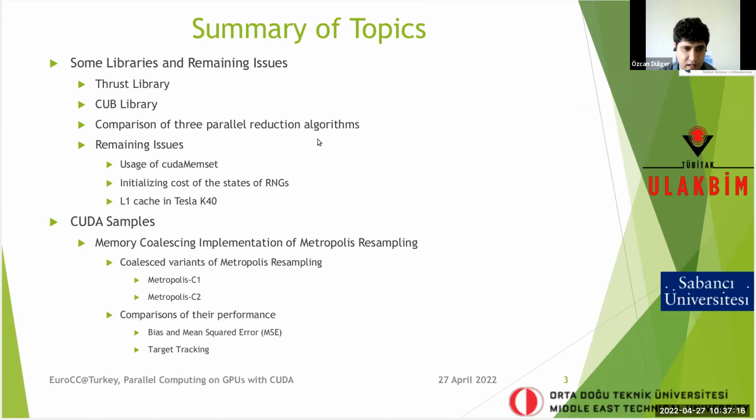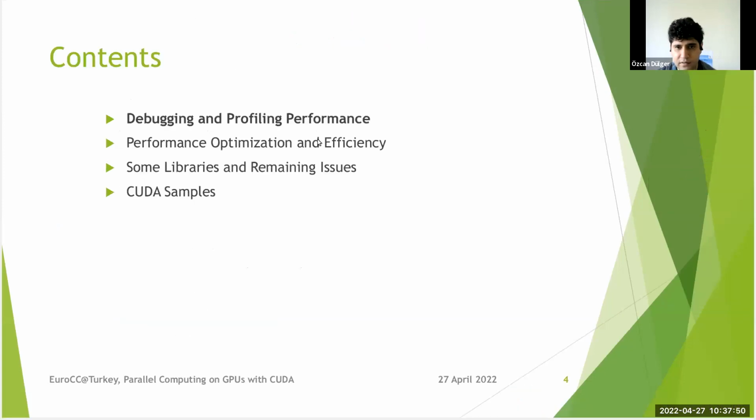And in the last session, I will show you a sample and an application that we did in the past, that is memory coalescing implementation of Metropolis resampling. I will tell you our proposed coalesced variants of Metropolis resampling, and I will compare them in terms of bias, mean square error, and the target tracking performance. Then we conclude the training today. Okay, let's start with our first session.